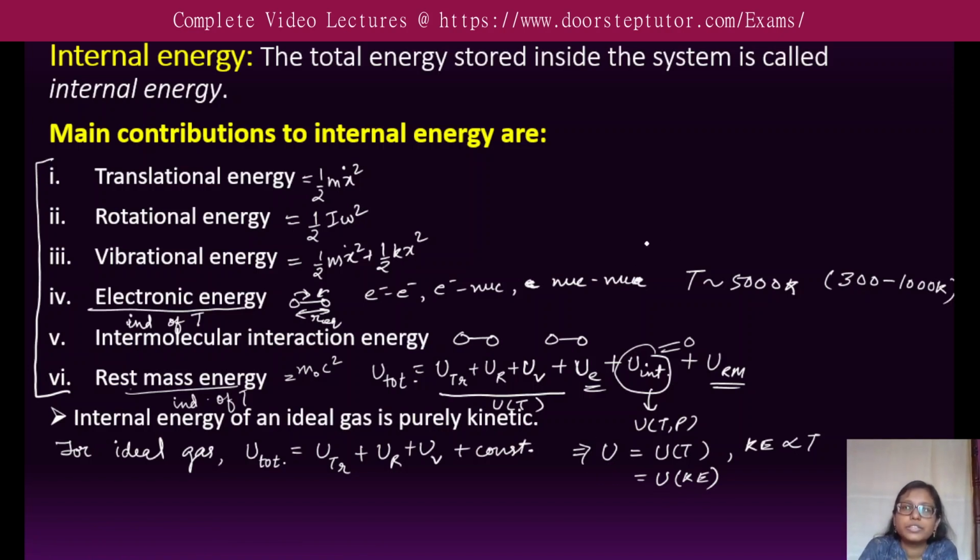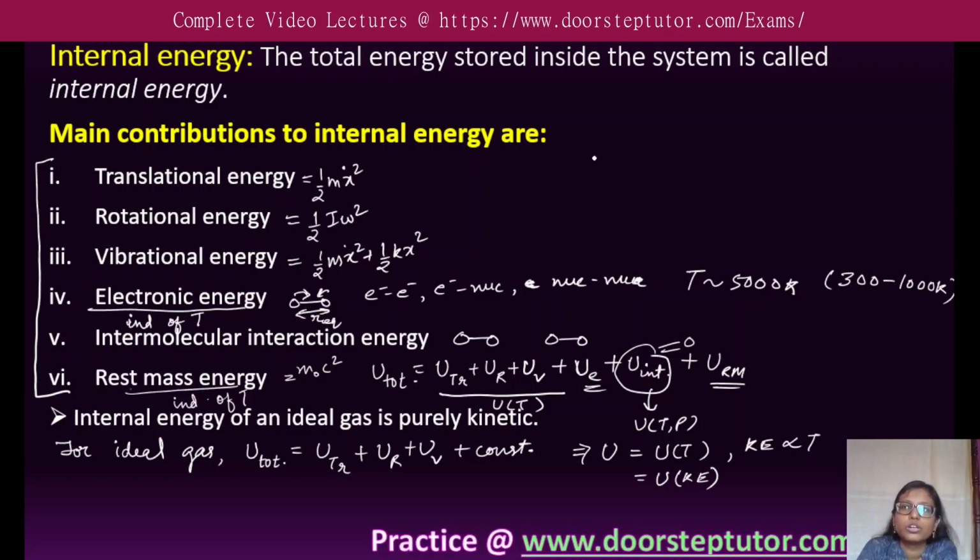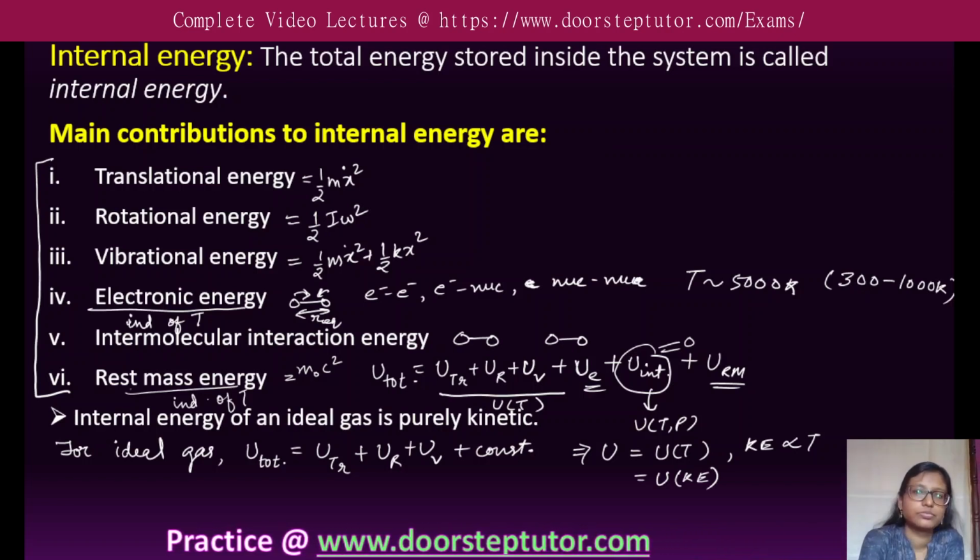So now, what is the relation between degrees of freedom and energy? From the law of equipartition, we have seen that kinetic energy per degree of freedom is equal to half kBT. So for f degrees of freedom, kinetic energy will be equal to f by 2 kBT.